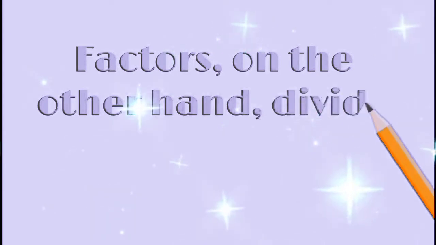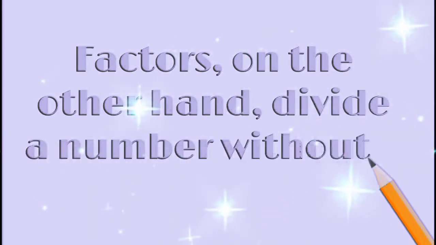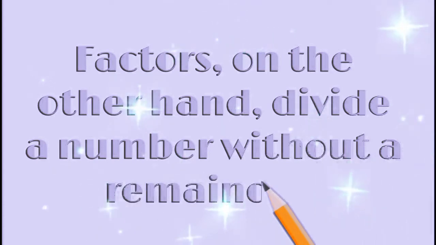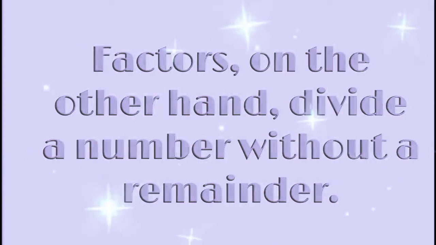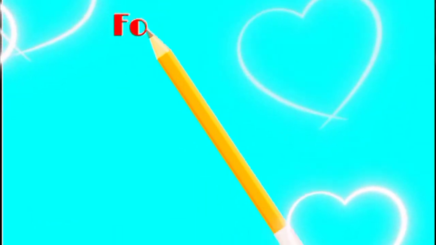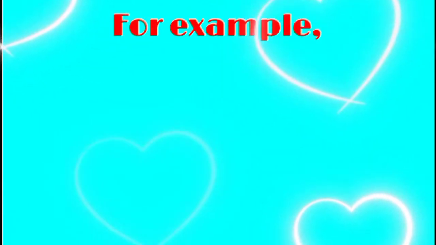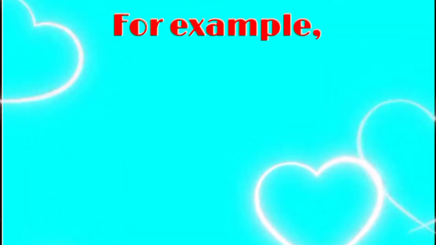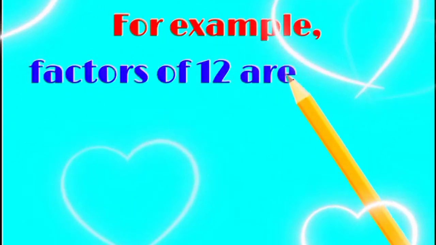Then on the other hand, factors are numbers that divide another number without leaving a remainder. I'm going to be taking an example to explain this. For example, you are asked to write out the factors of 12.